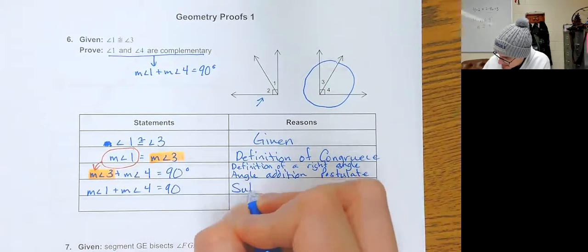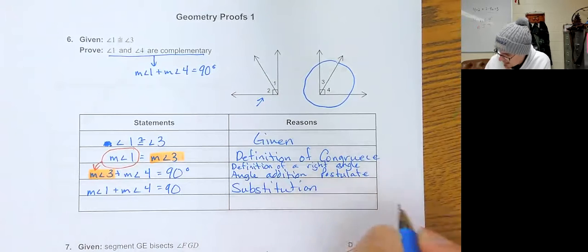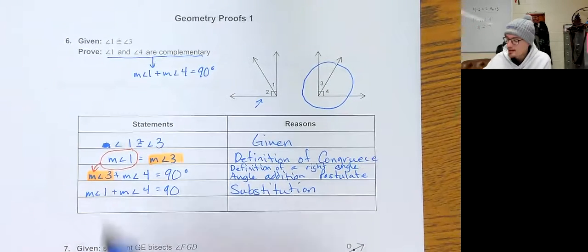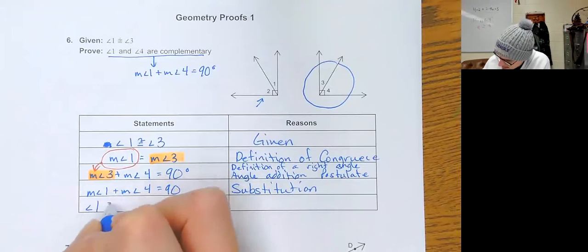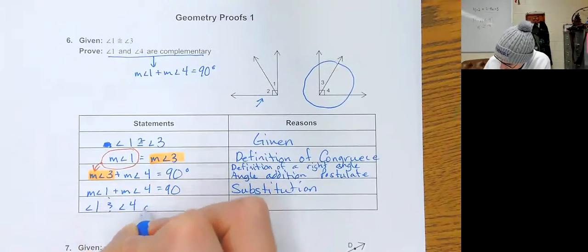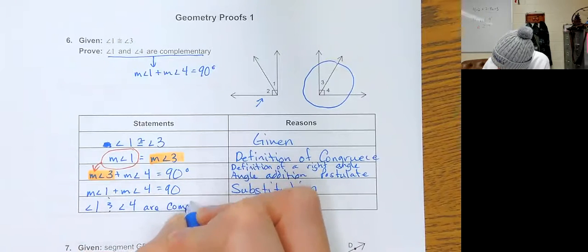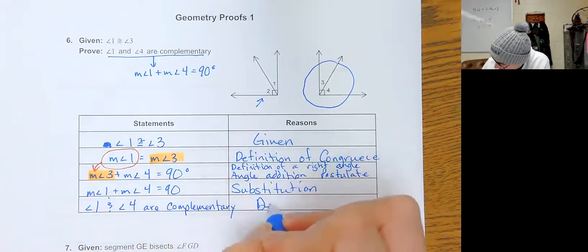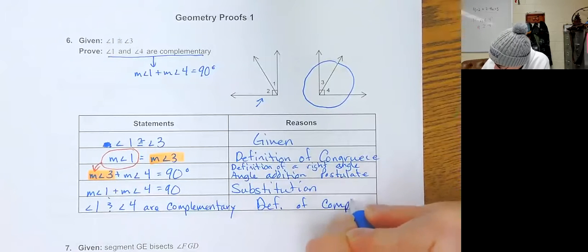And that is by substitution. And then that means they're complementary because they add to 90 degrees. This is what I spent a whole bunch of steps proving the last time. So angle 1 and angle 4 are complementary. And that would be the definition of complementary.